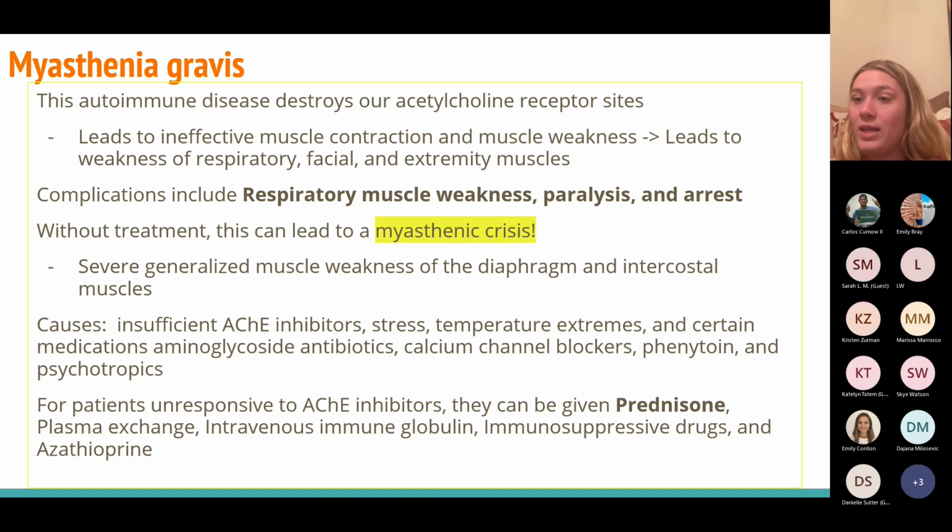If I have respiratory weakness, I'm having ineffective breathing. Without treatment, myasthenia gravis can lead to a myasthenic crisis. This is severe muscle weakness, specifically of the diaphragm and intercostal muscles. So these patients will have a very hard time taking a deep breath in and a deep breath out.